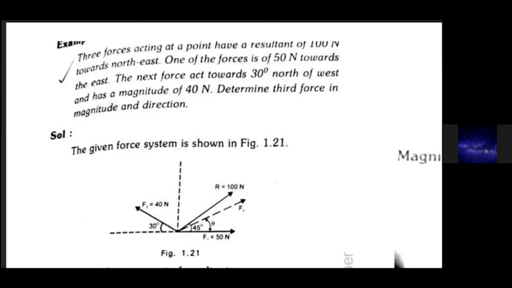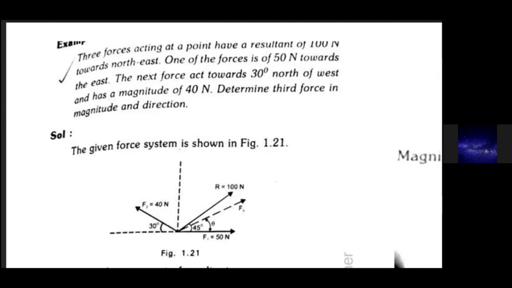And the next force is at 30 degrees north of west, how much, 40 newtons. So this 40 newtons acts towards the north of west, which means it makes an angle of 30 degrees with minus x axis.